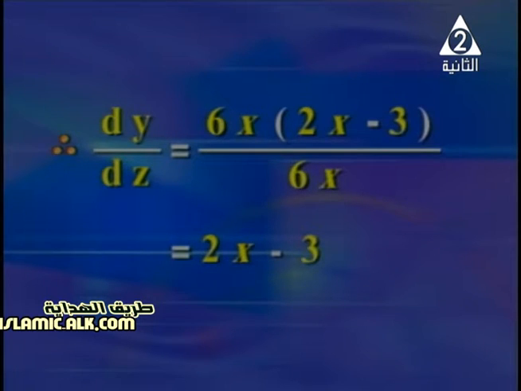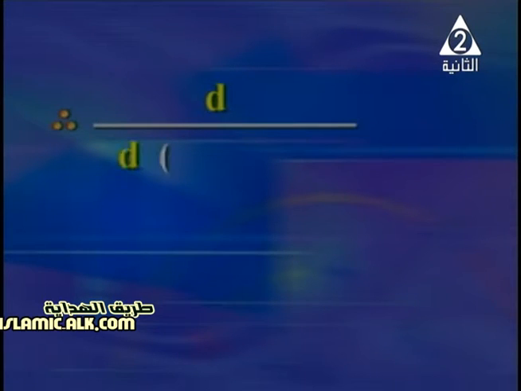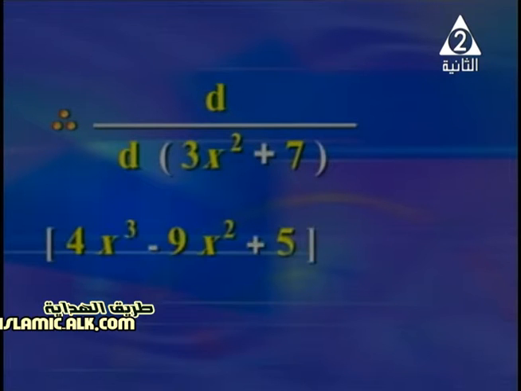This is a very important lesson. Dear student, when we find the derivative of 4x power 3 minus 9x power 2 plus 5 with respect to 3x squared plus 7, first we put 4x power 3 minus 9x power 2 plus 5 equals y. After that, we find dy over dx equals 12x squared minus 18x, only.